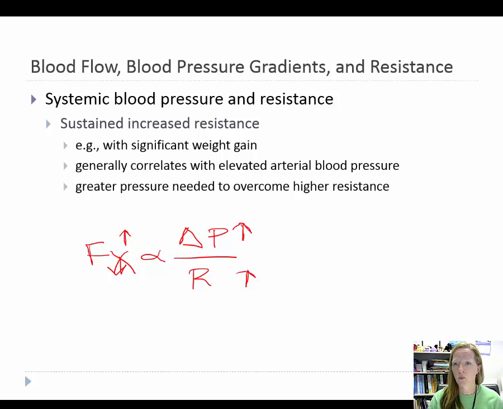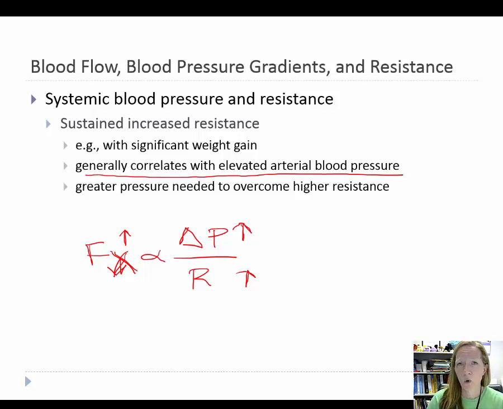So that is why it says it generally correlates with arterial blood pressure. If an individual is smoking and they have vasoconstriction, then they might find that their blood pressure is elevated because the body is trying to do whatever it can to not let this happen and to make sure that it has adequate blood flow. That's why, for an individual that is obese, one of the things that can cause an increase in their blood pressure is the fact that they have an increase in the length of their blood vessels.